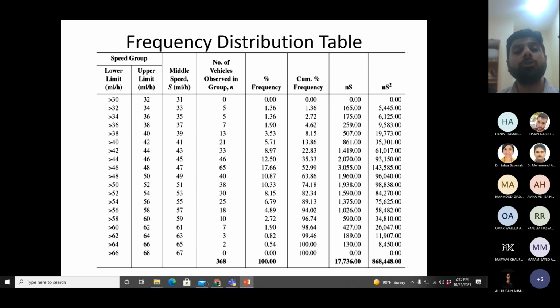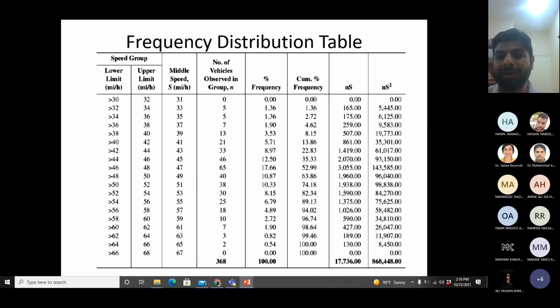Now, the reason for this, if you look at the table here, the frequency distribution table, the first three columns represent the speeds. The first three columns contain the speed values. Now, if you take the simple average of any of these three columns, summation of all the values divided by the total number, you will always get a constant value.